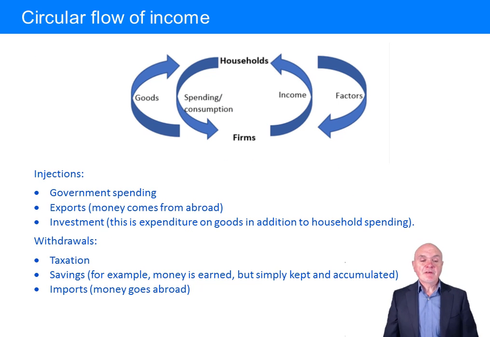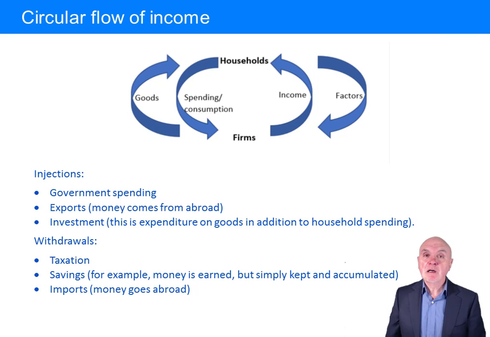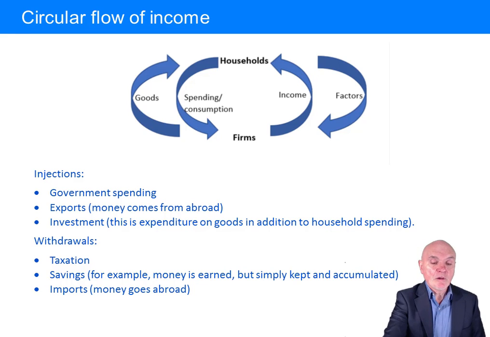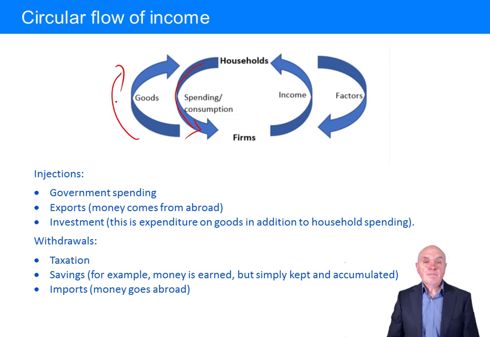The next concept, which is very important, is the circular flow of income. And you expect this to be kind of an equilibrium. So we spend on goods, and the value of goods going to us will equate with that.